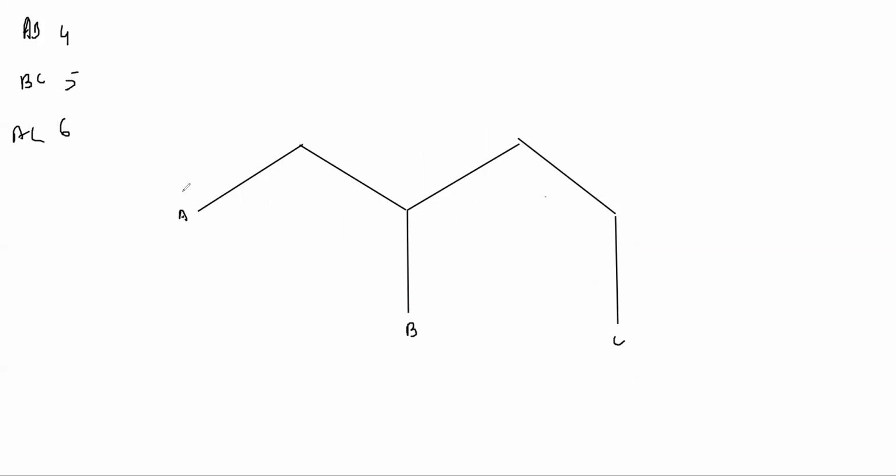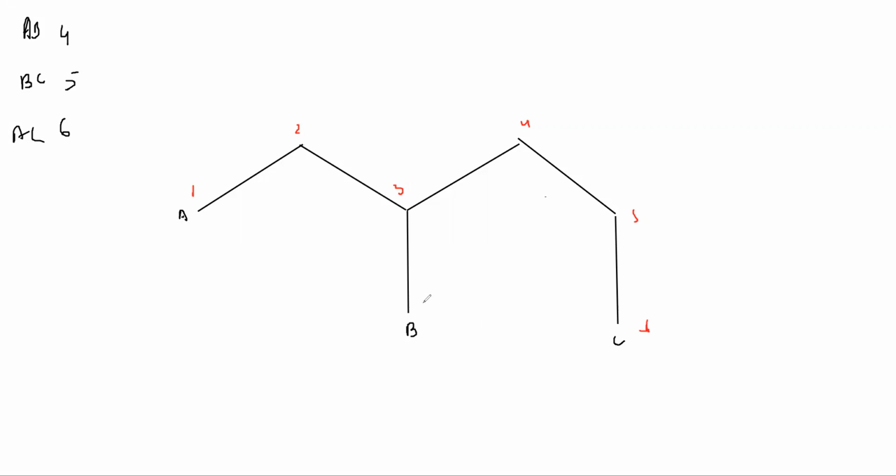If I count from the left hand side, the branch is with the third carbon. But if I count from the right hand side, 1, 2, 3, 4, 5, 6, the branch is coming at 4th. So I should follow the numbering from left to right because the branch is coming at the third carbon.